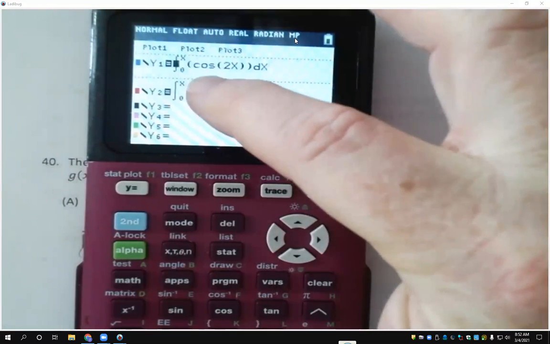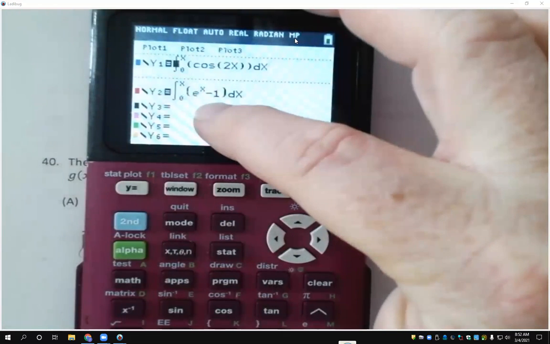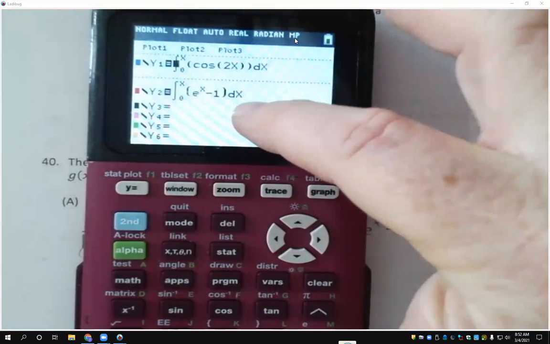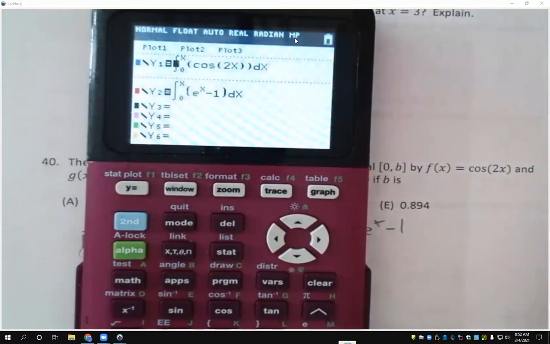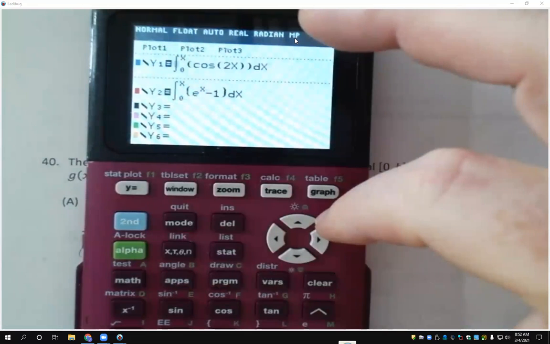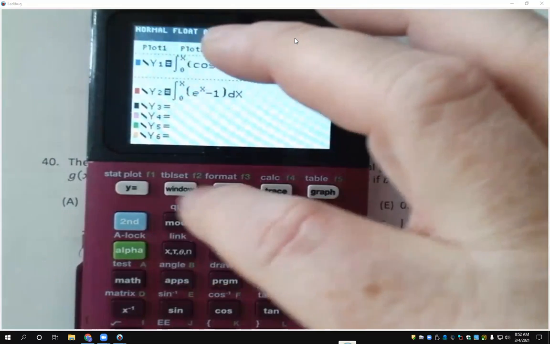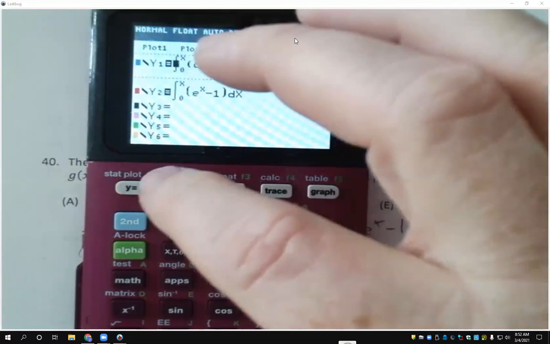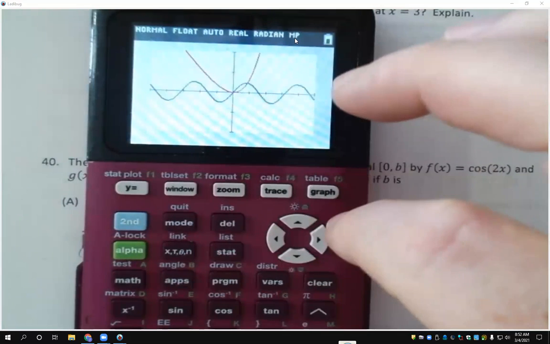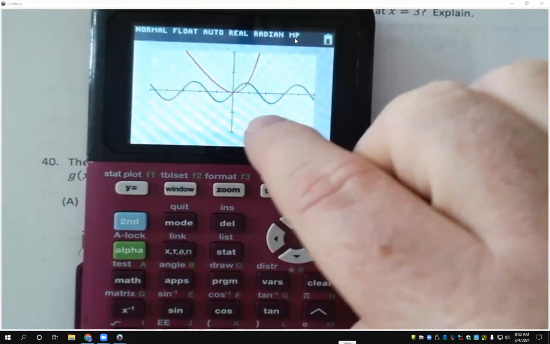0 to x cosine 2x, e to the x minus 1. I'm not sure why this is not working because it did yesterday. Oh, it's up here.